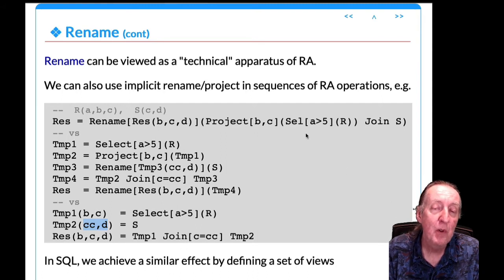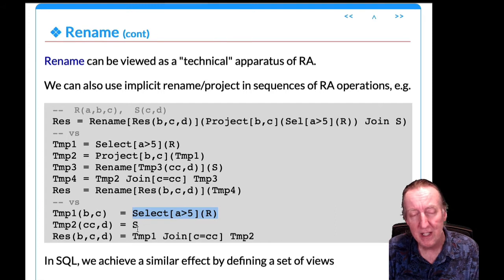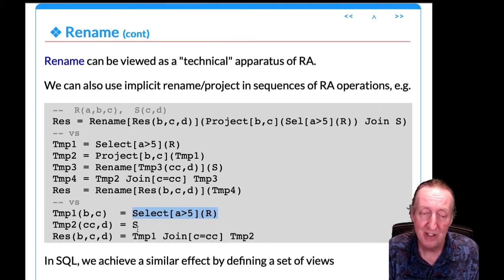So how does all of this stuff relate to SQL? Well, we could achieve a similar effect by defining a bunch of views. So temp1 could be a view that we define using this kind of selection operation. Temp2 could be a view where we rename the attributes using AS.